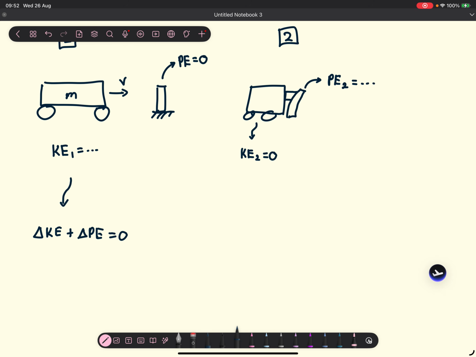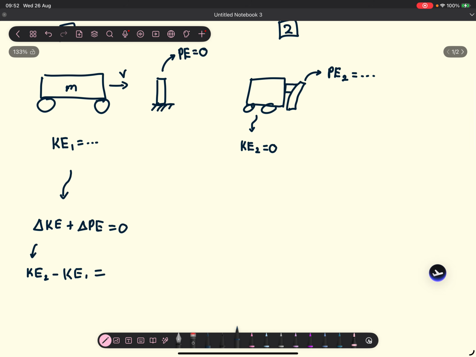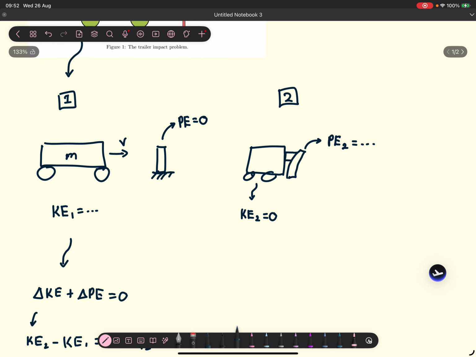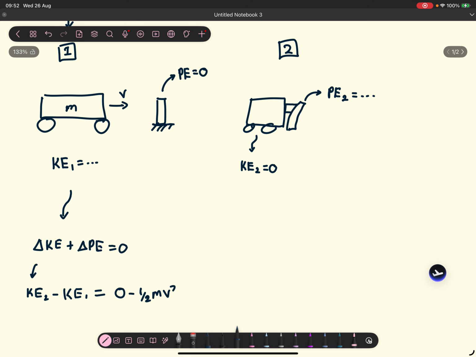The change in kinetic energy is going to be given by state 2 minus state 1, so KE2 minus KE1, which is going to be equal to 0 for state 2 because it's at rest, and then minus a half mv squared.